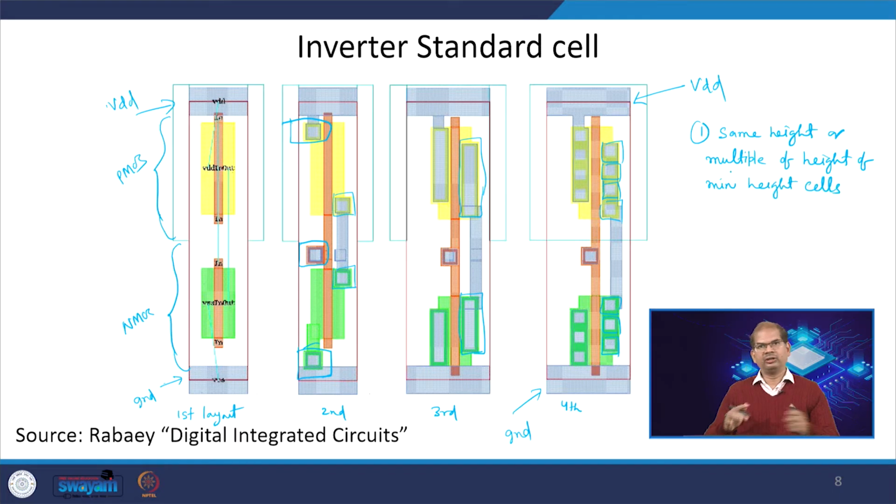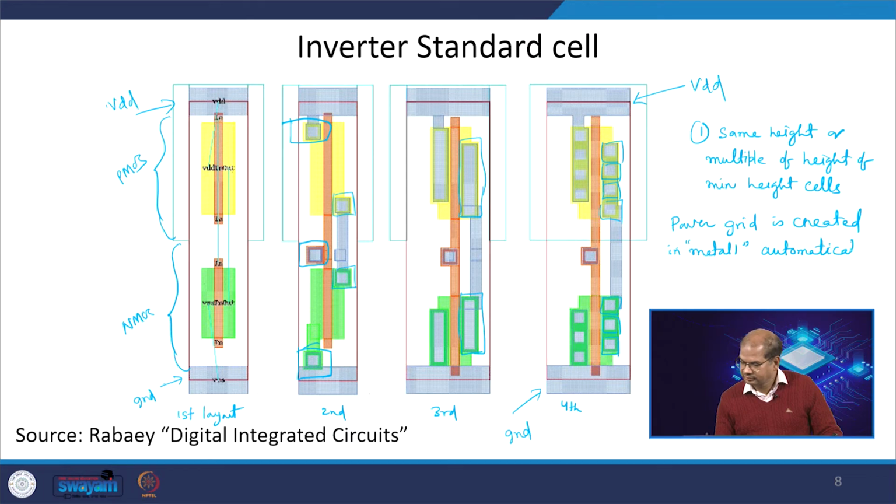One advantage is that the power grid is created automatically in metal 1, which will provide uniform power to each of the cells. This is one of the biggest advantages of keeping all the cell heights the same.